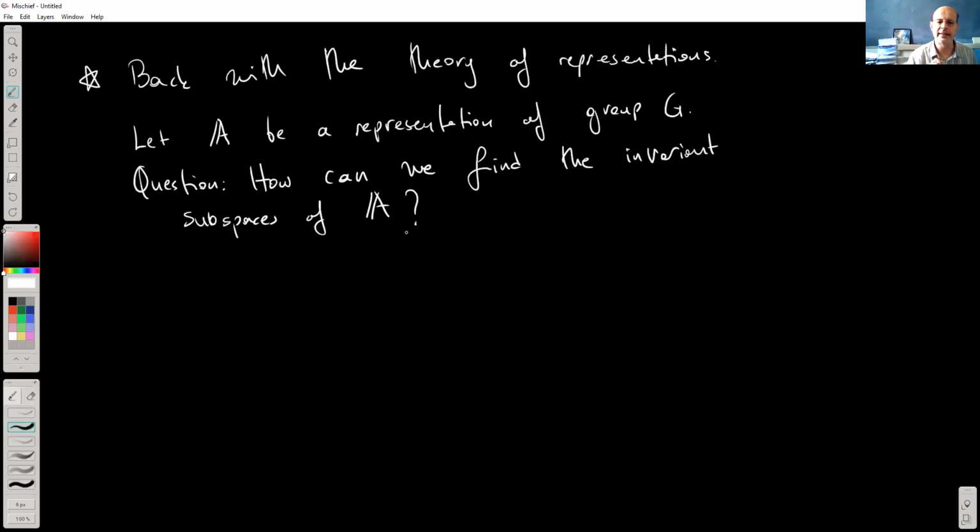So I can find the numbers of each irreducible representation. But actually finding the invariant subspace corresponding to a given irreducible representation, this is difficult. And so therefore, the question is, how can we find the invariant subspaces corresponding to the irreducible representations in here?